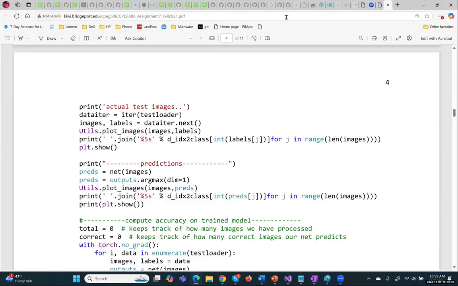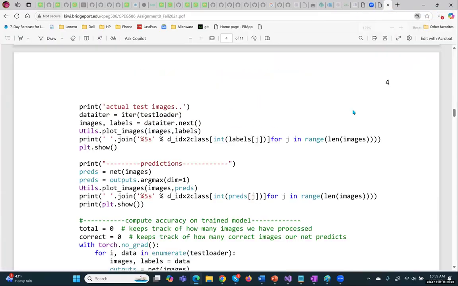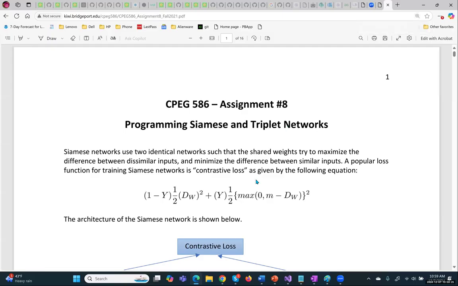So let's go to assignment number 8. Here, in the very beginning, you'll see this is our contrastive loss. Y is our target.